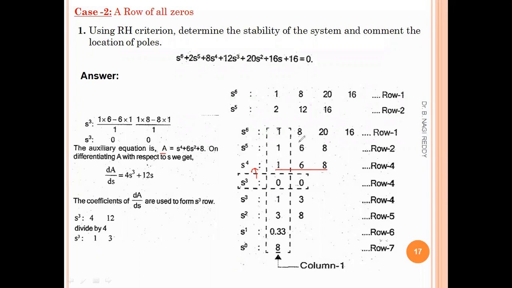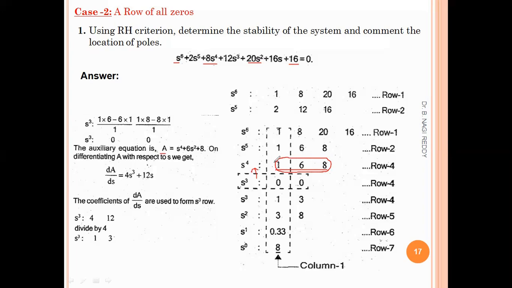We know that the coefficients are of even order or odd order only, because you can see here for the first row we have taken even, because s power 6 is the highest. So s power 6, 4, 2, 0, like this we have taken. In the similar way here also, if we want to write this auxiliary equation using these coefficients, we need to write in the same process.